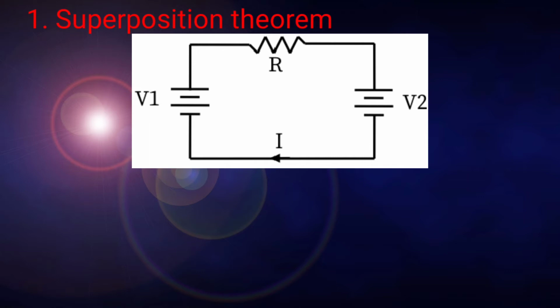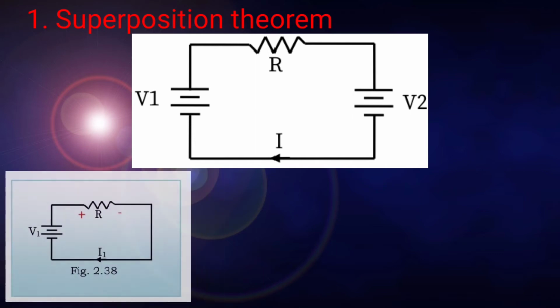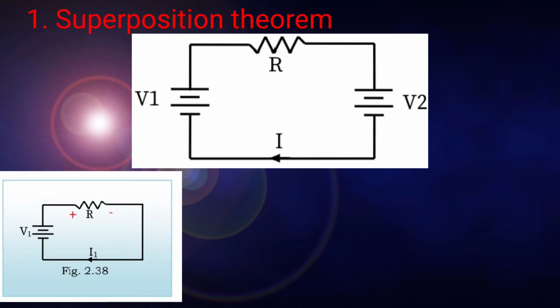See here, two or more sources are acting simultaneously. I mean to say, there are two or more sources present in an electrical network, and we need to calculate the contribution from each and every independent source acting alone at a time.